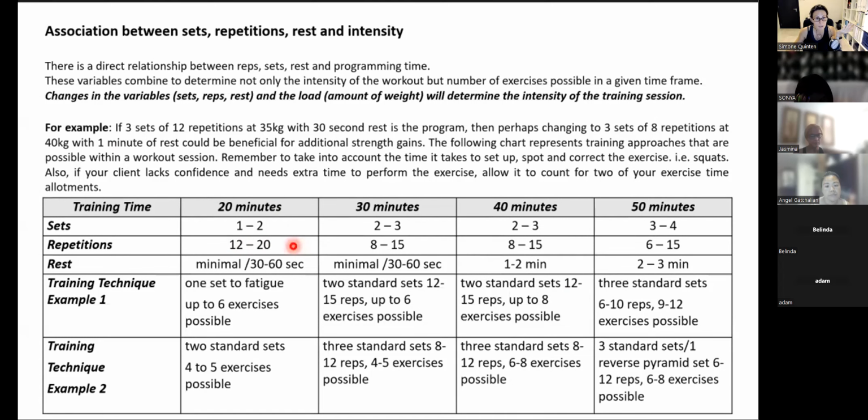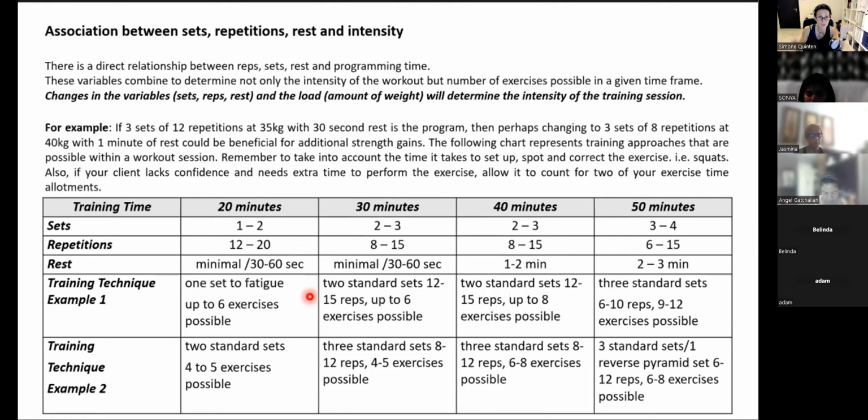A good spot maybe could be, let's say, 12 to 20 reps, but it depends, of course, on what the goal is, okay? And then you have a training technique. So maybe the first set, you don't do repetitions until 20, but you just go until fatigue, okay? But you need to choose a good load, yeah?